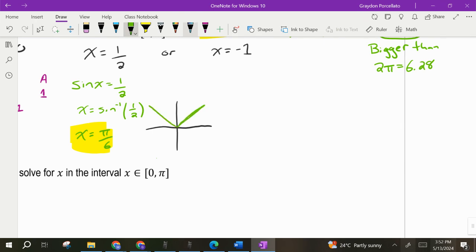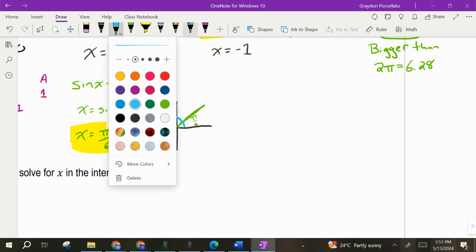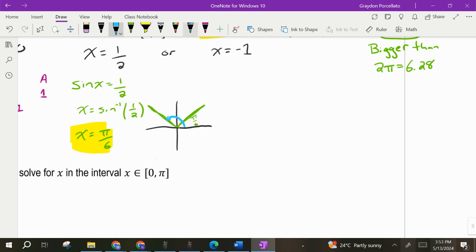It's here and here. So if this little angle I just found is pi over 6, what is this angle? Well, that's 5 pi over 6. Okay, because this angle here is pi over 6, and this is 6 pi over 6. Right, so 6 pi over 6 minus pi over 6 gives us 5 pi over 6.